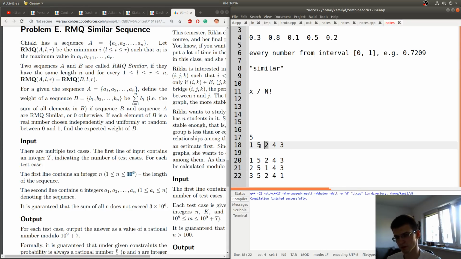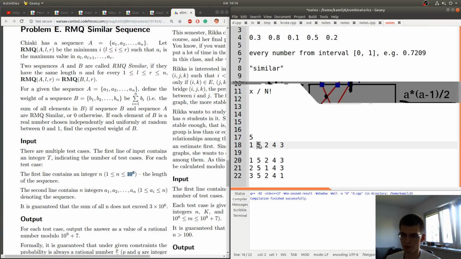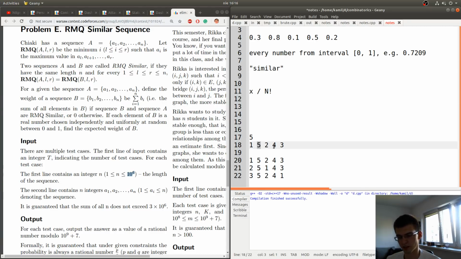Instead, there is one number that we can iterate over. It would be that bigger value that doesn't allow those two on the sides to know each other, to distinguish between them. So we can consider each value, maybe starting from the biggest value.